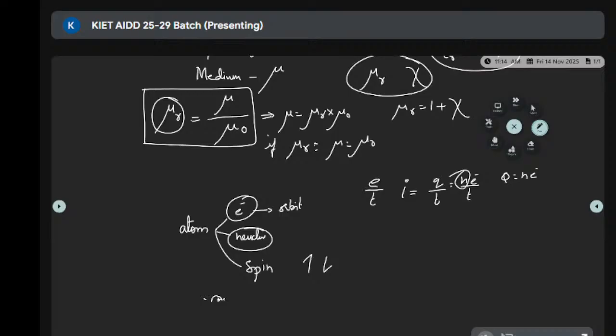And this magnetic moment is given by eh by 4 pi m, and the value of this will be equal to 9.27 into 10 power minus 24.